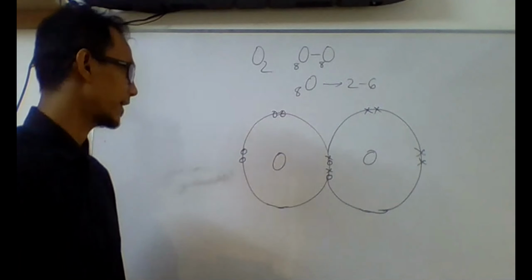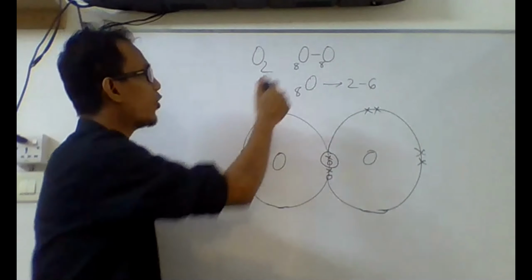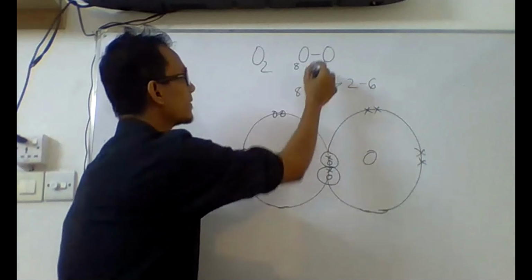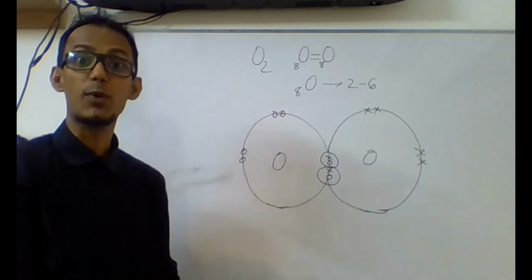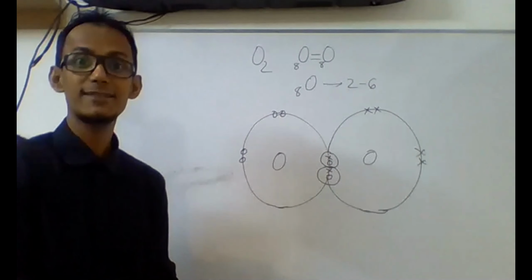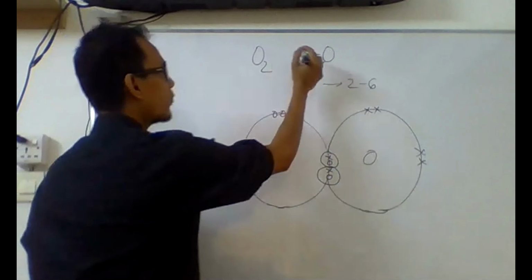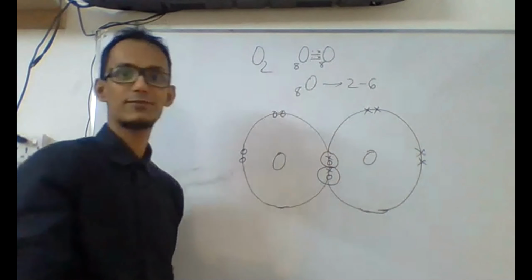Yes, sir. Okay. Now for 1 pair of electrons, you have used 1 bond. Now for 2 pairs, how many bonds will you use? Double bond. 2 dashes mean a double bond. 1 dash means 1 dot and cross, 2 dashes mean 2 dots and crosses.